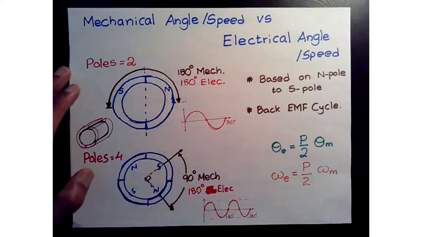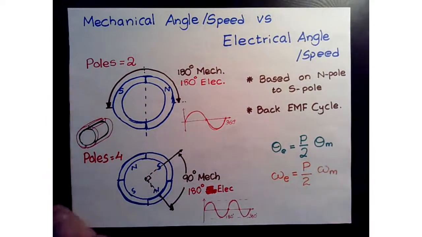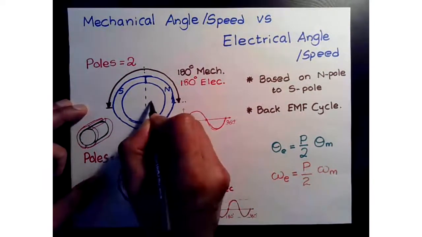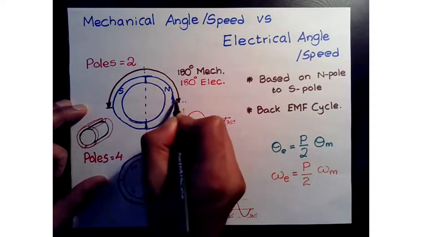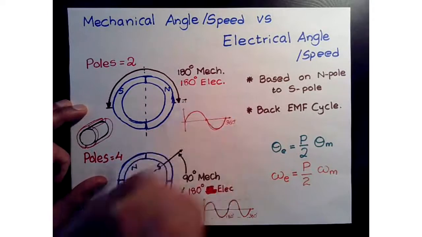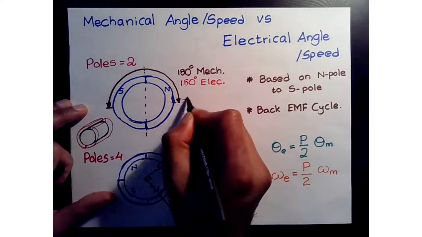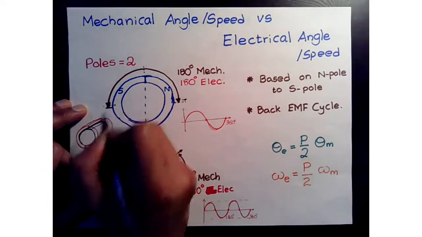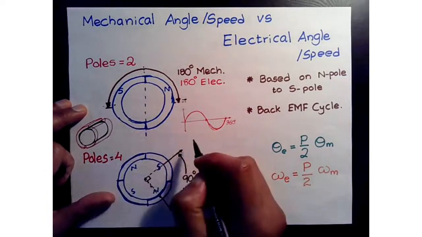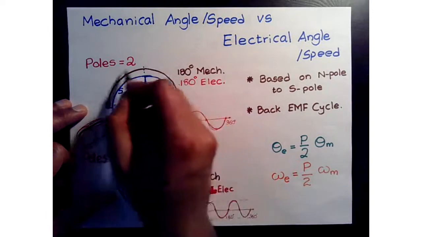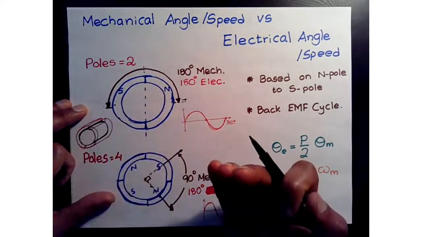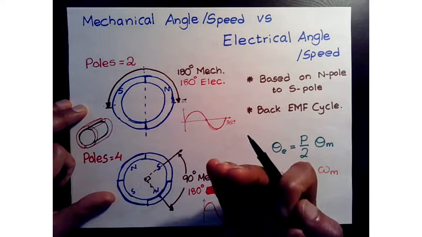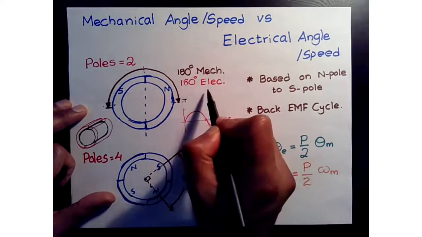The physical relationship is, if we consider our flux density is highest along this direction, then if we go from this to the point where we see the next highest flux density, you're going to see 180 degrees electrical. That's how we define electrical angle.